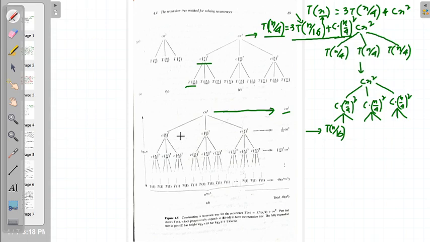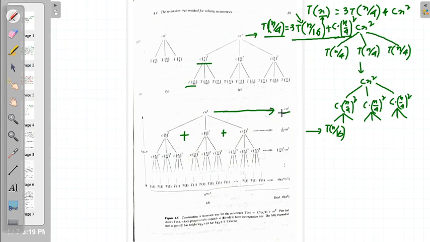If we add this up, then it will be 3/16 Cn square. Okay. So in this way, if we add this level cost, it will be (3/16) whole square times Cn square. Now you see there is a nice pattern going on.